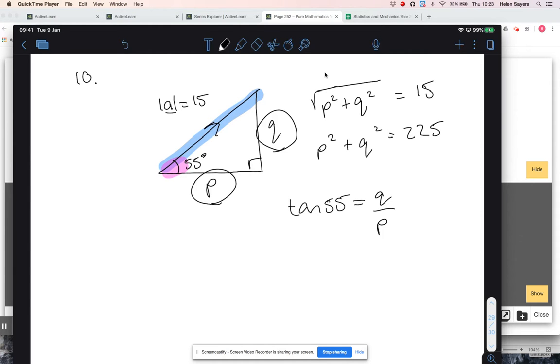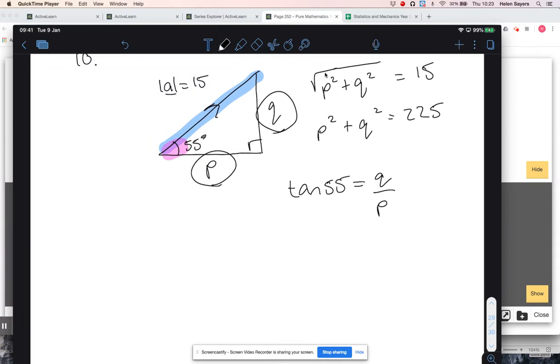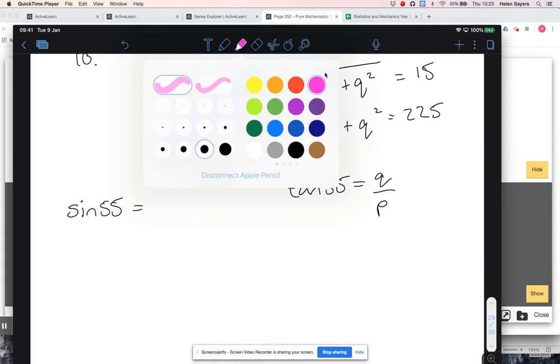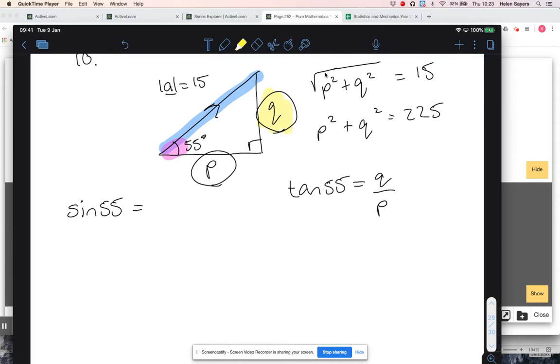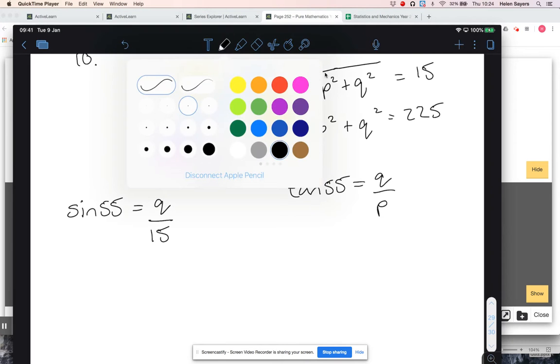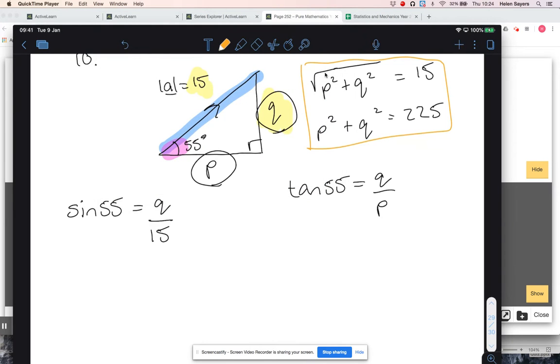But I'm wondering if I even need the Pythagoras bit actually, because if I know that the hypotenuse is 15, then from SOHCAHTOA, sine 55 is opposite over hypotenuse, so I can just get Q straight from that. So I might be missing something, or we'll finish the question off and see. But now I'm starting to think that maybe I don't even need that at all.